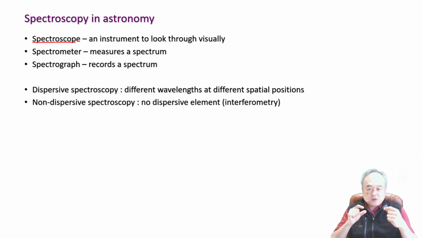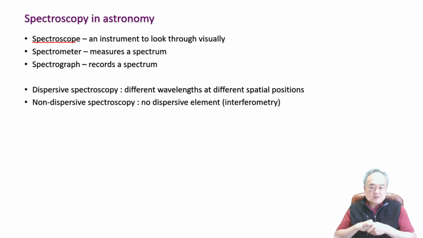Second is a spectrometer. It is a measurement device that measures the intensity at different wavelengths or energy levels of the incoming photons. But nowadays, because of the use of 2D digital detectors, many spectroscopic instruments in modern astronomy fall into the category of spectrograph.